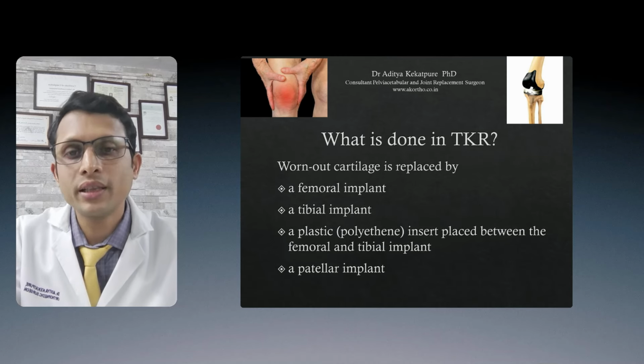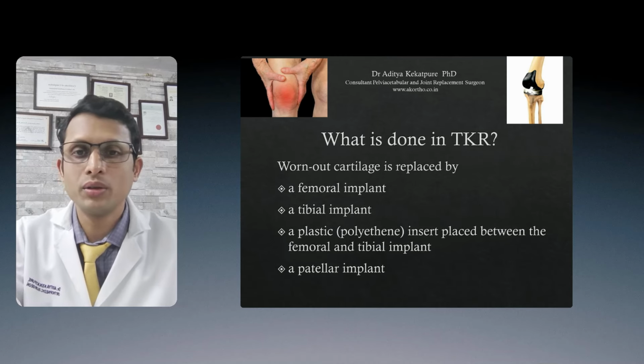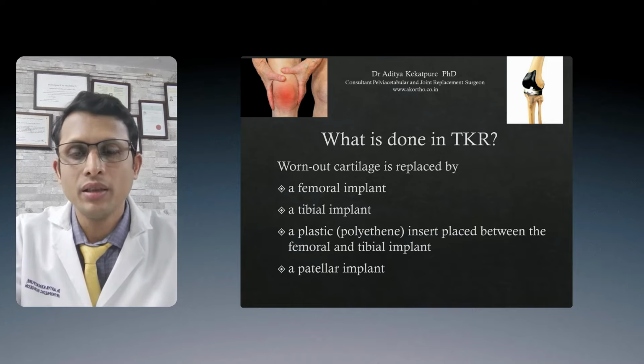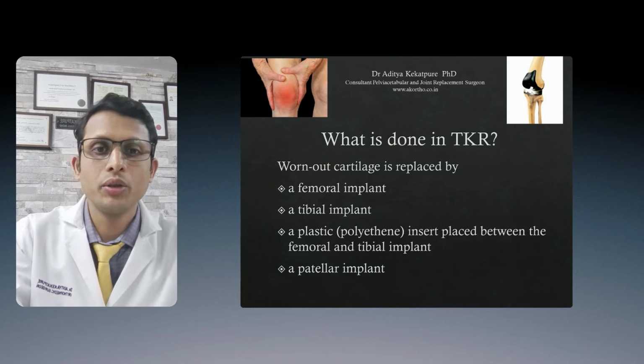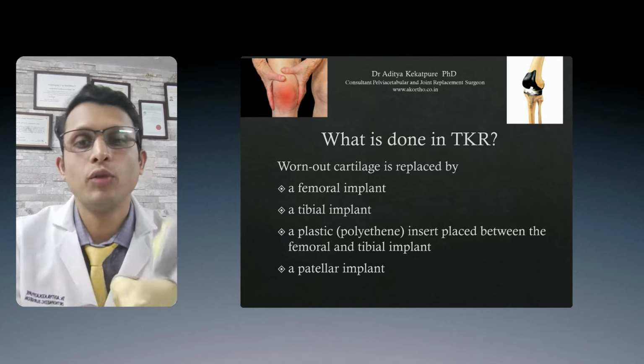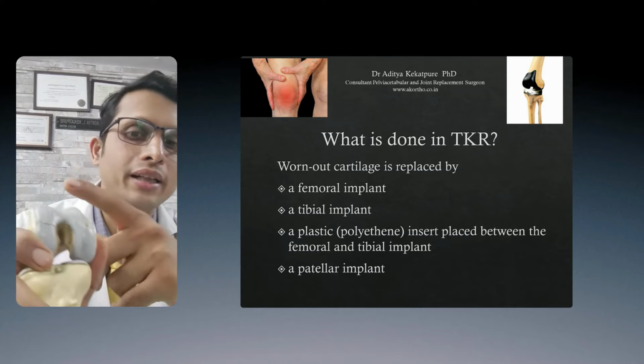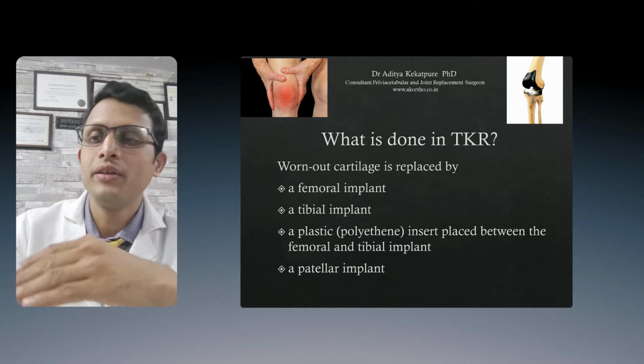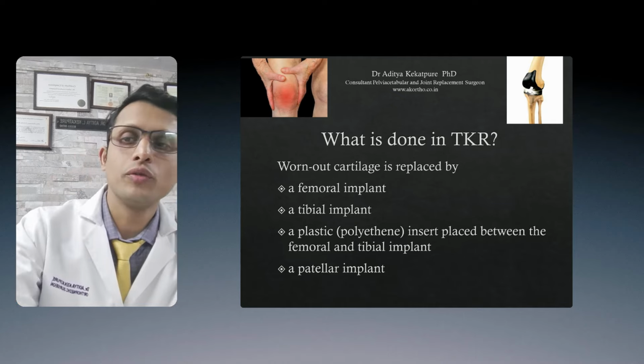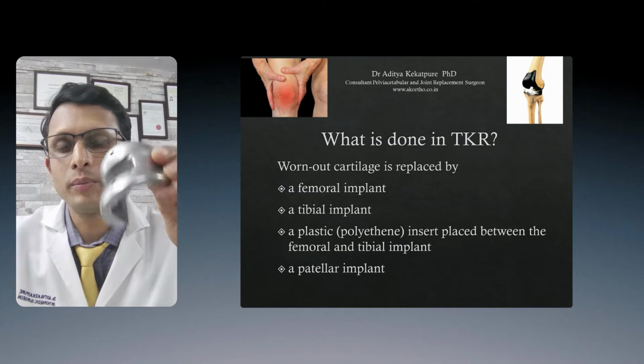So what basically is done in total knee replacement surgery? Every patient asks me, sir, what is done exactly? What are you doing over there? Basically, we take out the eroded cartilage and replace it with an implant of the same thickness. Now, I have brought some implants for you.